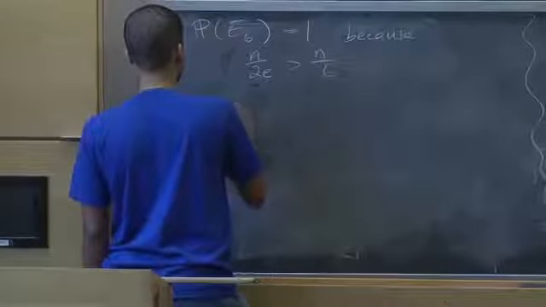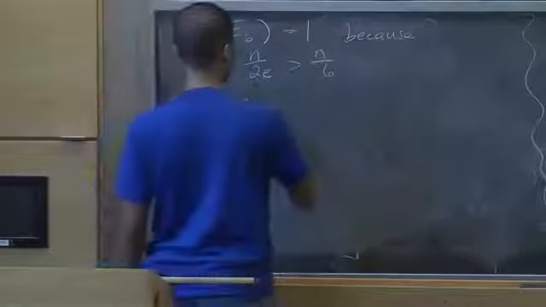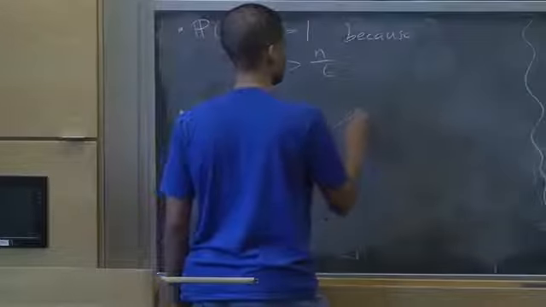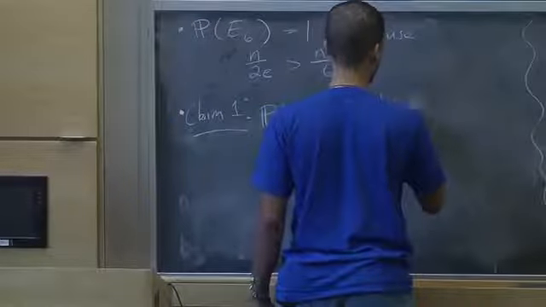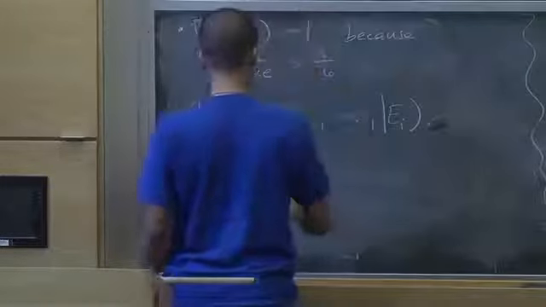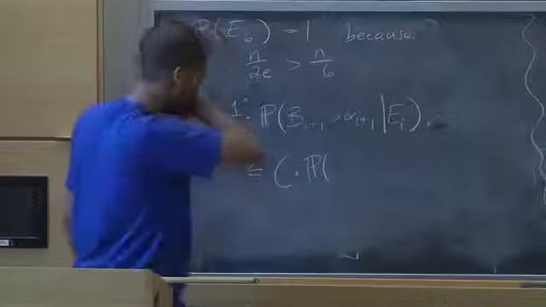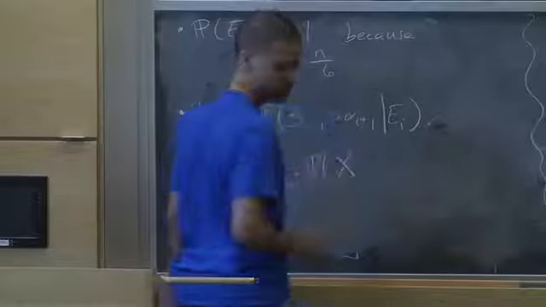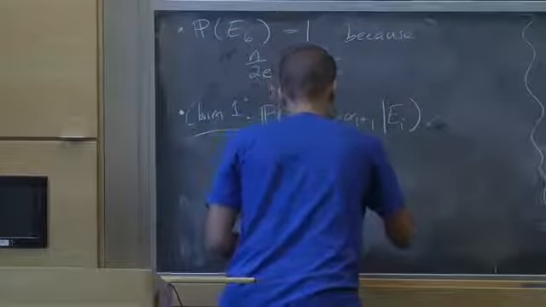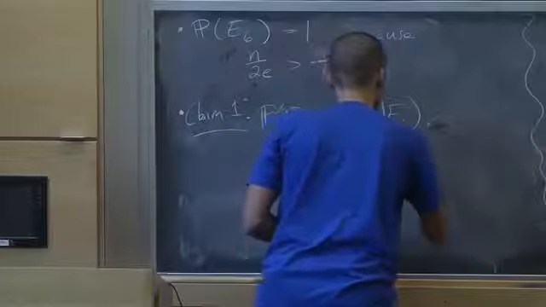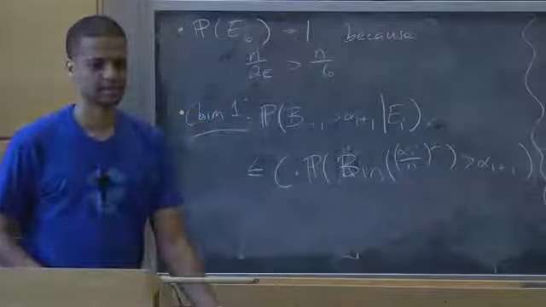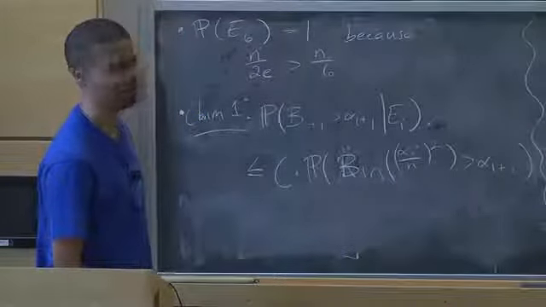Claim 1 will be that the probability that b_(i+1) is greater than or equal to alpha_(i+1), given that E_i has succeeded, will be at most big O, some constant, times the probability that if you pick a binomial distribution with parameter alpha_i over n squared, that thing is bigger than alpha_(i+1). Which is basically what the non-rigorous proof was doing.